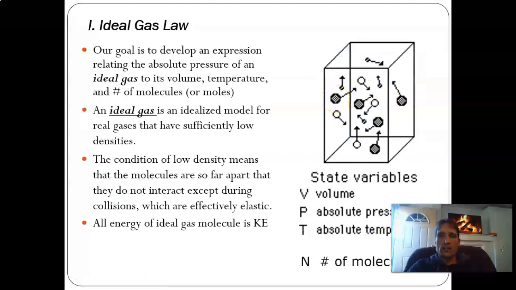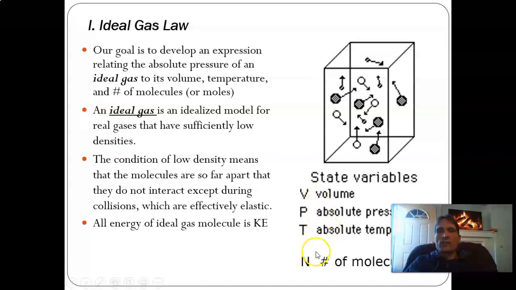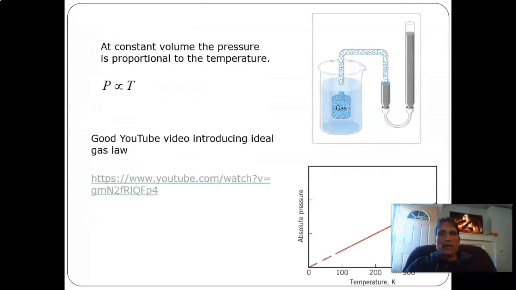They create a pressure, a force, and absolute temperature. So these three variables, along with either the number of molecules or the number of moles, are what are called state variables, and they define the state of the gas. And there's a law called the ideal gas law, which is derived from given conditions.